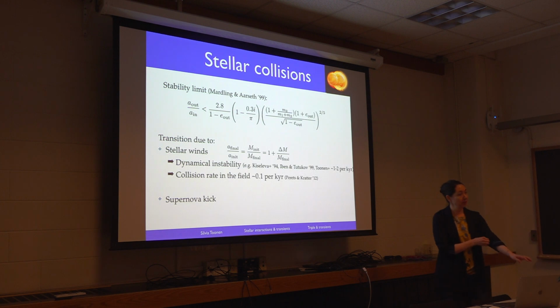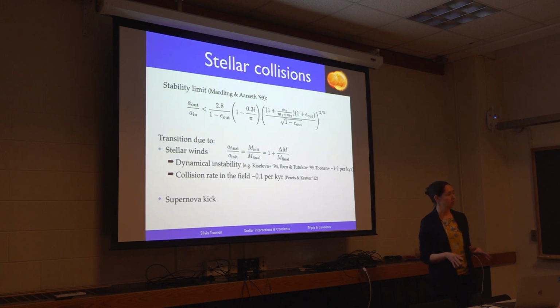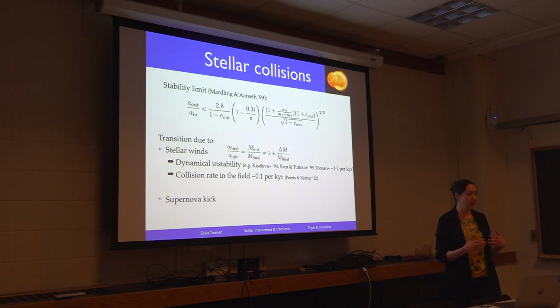So if you have a binary and one of the stars loses mass in the wind, what's the effect on the orbit? Well, if it's an adiabatic effect, the orbit widens. How much does it widen? Well, that depends on how much mass you lose. And to be correct, the relative amount of widening depends on the relative amount of mass loss.